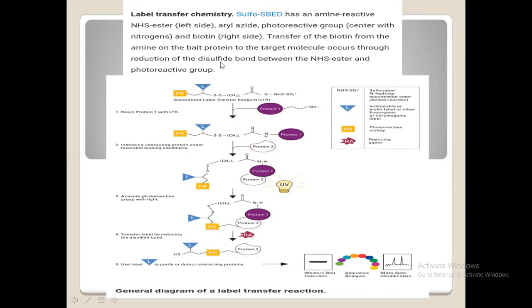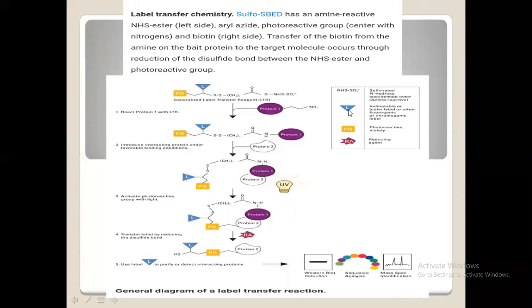Transfer of the biotin from the amine and the bait protein to the target molecule occurs through reduction of the disulfide bond between the NHS ester and the photoreactive group. So here you can see this is the sulfonated N-hydroxysuccinimide ester, that is called NHS, the amine reactive group.